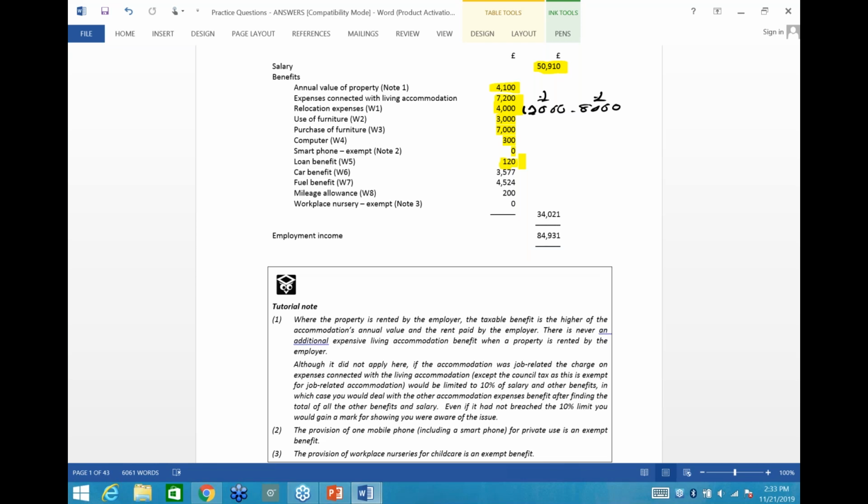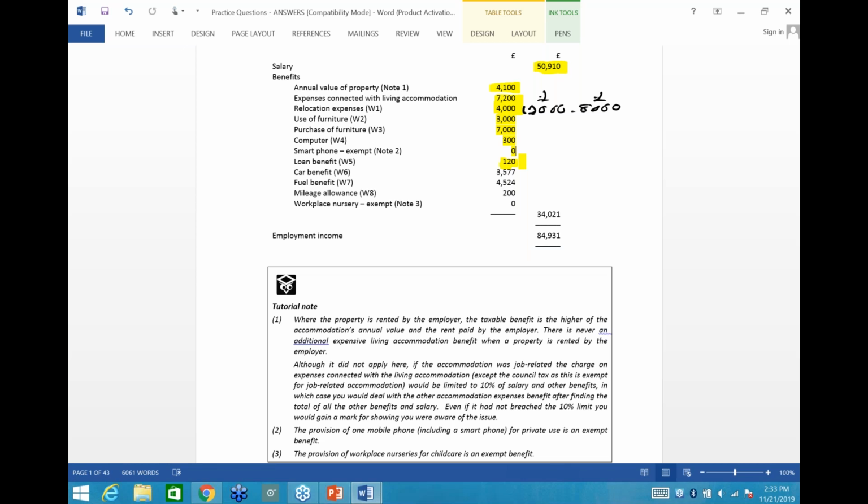Rita was provided with a company car. It had a list price of 18,500 when new in August 2016 and has a carbon dioxide emission rating of 142 grams per kilometer. Daring Designs Limited paid for the petrol for all the mileage traveled by Rita until 5th of December 2018.